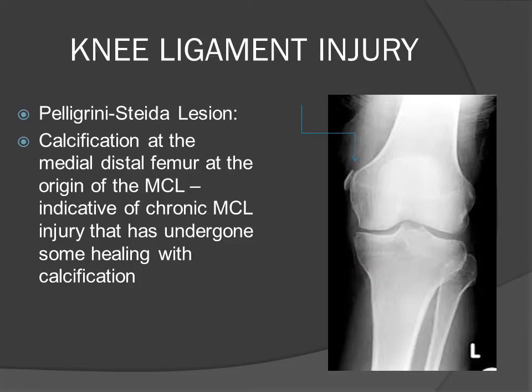And the answer is yes. And if the medial collateral ligament was sprained with some tearing and rupture of some fibers along the mid-substance of the ligament, is it possible that we could see a Pellegrini Stieda lesion along the mid-aspect of the joint adjacent to both the femur and the tibia? And the answer is yes.